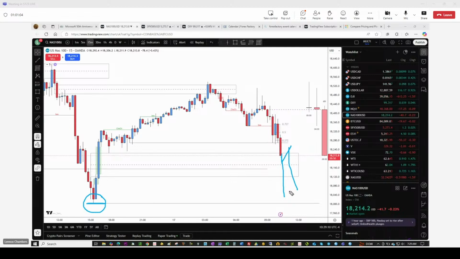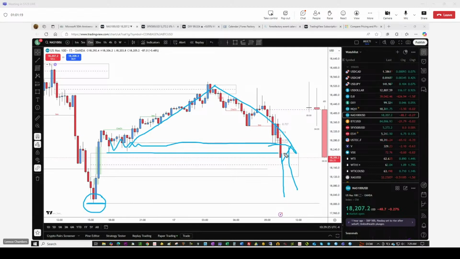We just kind of cut right through them. So we would expect on this move that we'd come back down into this area, and we've done that now. But once they break through this area, the only next level for them to go to is these lows. So that's where they're heading.